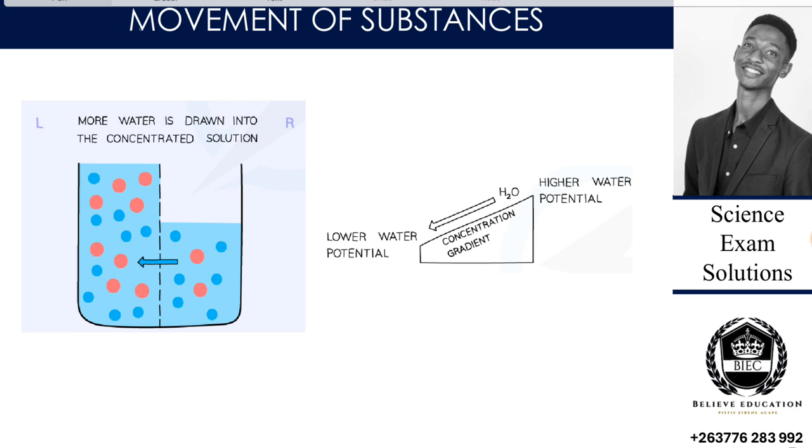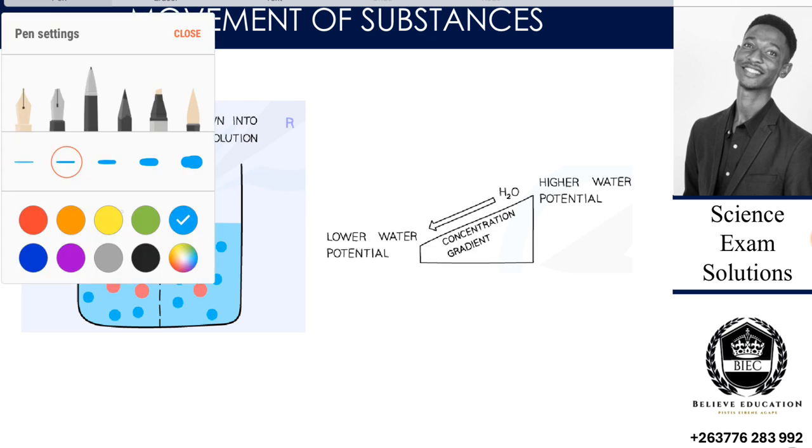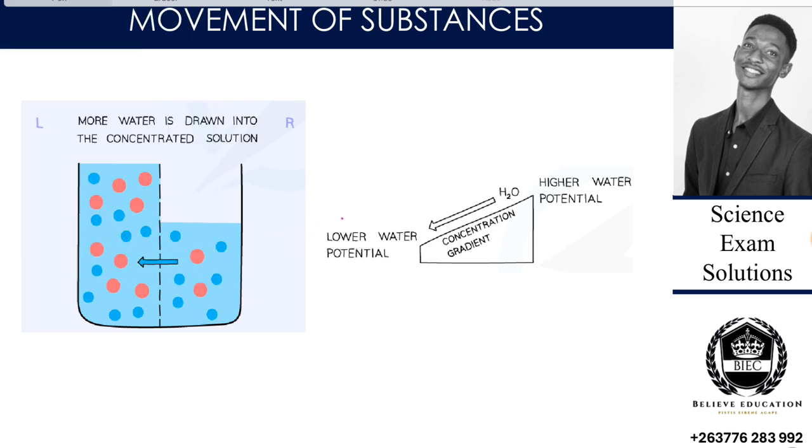So let's look at this diagram. As you can see, we have this volume and this volume, volume here per 1 and volume here per 2.